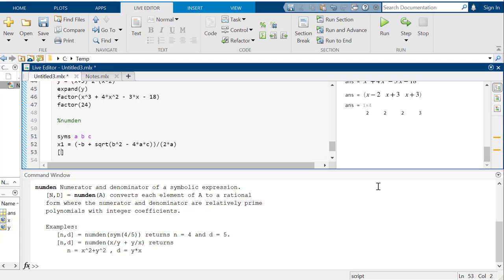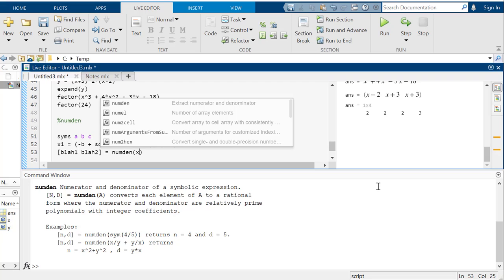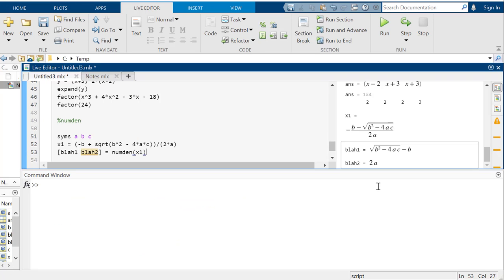Notice that we have 2 outputs, the numerator and the denominator. Whatever I'm going to call it, blah 1 and blah 2 is Numden of x1. It's going to come out with the numerator on top and the denominator on the bottom. And look what's funny: remember that x1 pulled the negative out, and it was like negative b plus the square root of b squared.